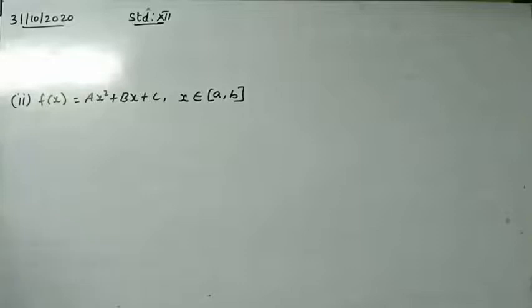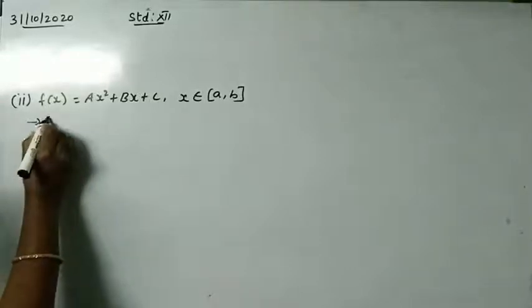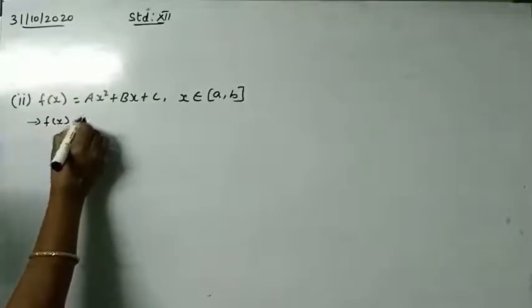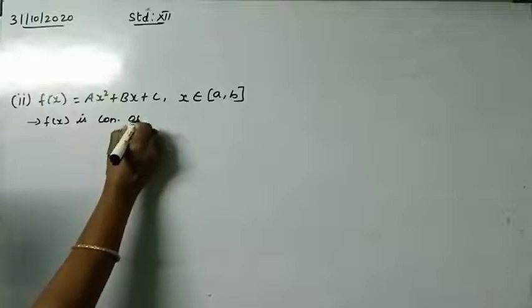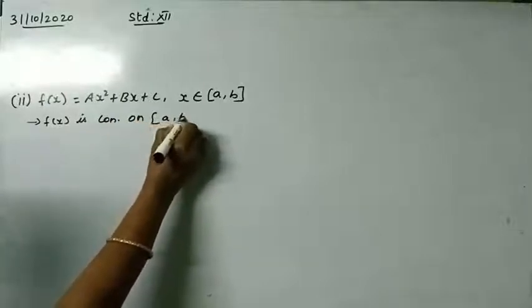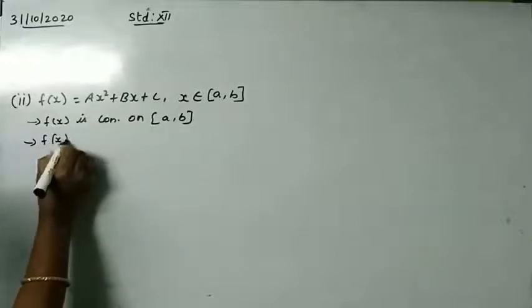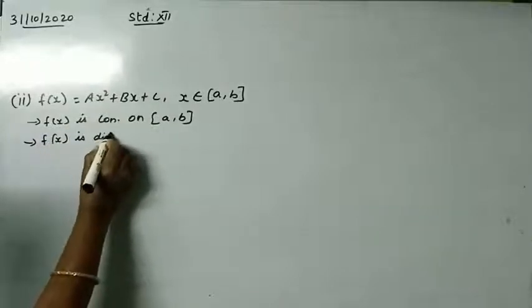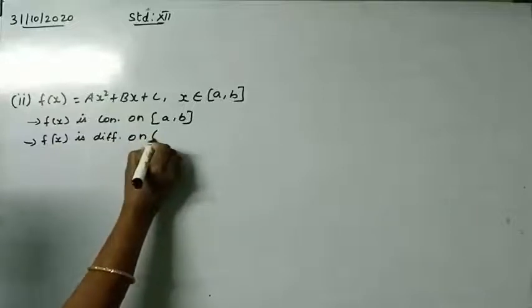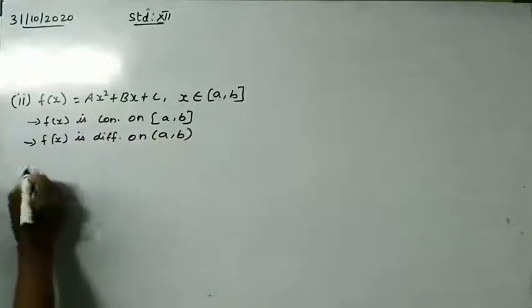Now let us continue this. Now first, f of x is continuous on a comma b. Since it is a polynomial, f of x is differentiable on the open interval a comma b.